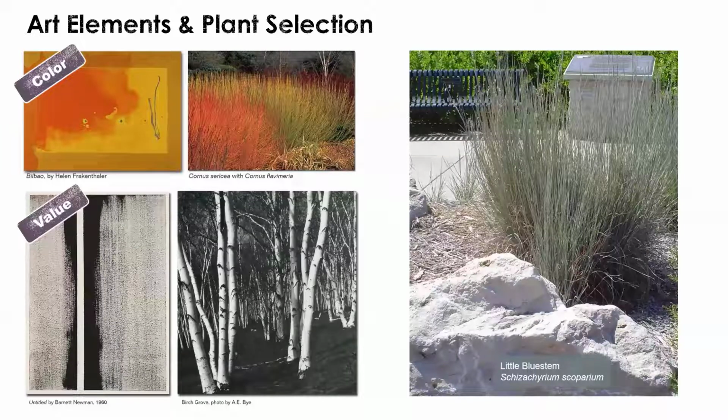But it has such a light colored foliage that it is a very similar value to that rock placed in front of it. So I think the designer here did a very good job of matching up 2 different elements within that one bed that both have the same value.